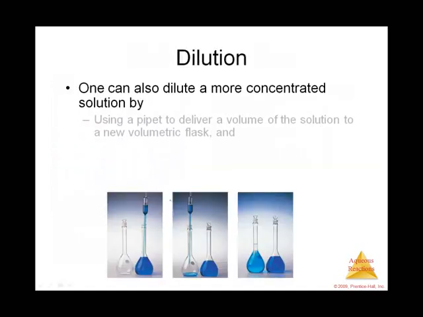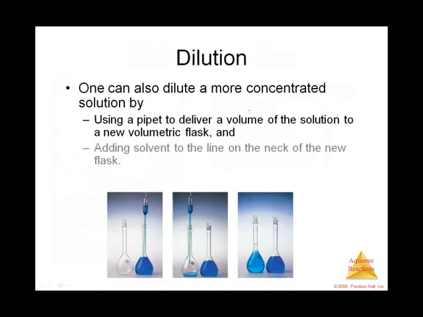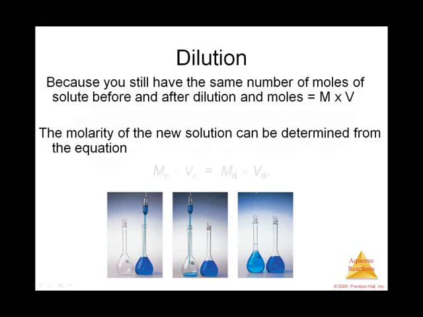We can also, rather than going to the stockroom and getting some solid to dissolve to make a solution, take a more concentrated solution, use some of that, and add water to it to make a more dilute solution. The equation we use for calculating that is the molarity of the concentrated times the volume of the concentrated equals the molarity of the dilute times the volume of the dilute.